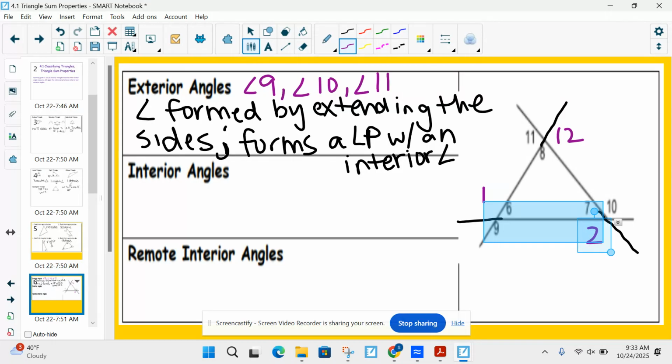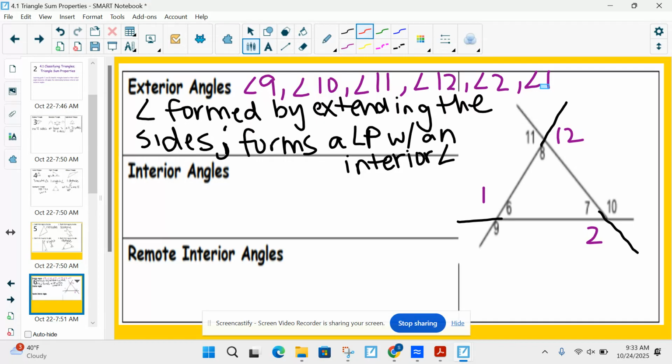Are 12, 2, and 1 also exterior angles? Yes, because they do form a linear pair with 8, 7, and 6, just from the other side. So angle 12, angle 2, and angle 1.